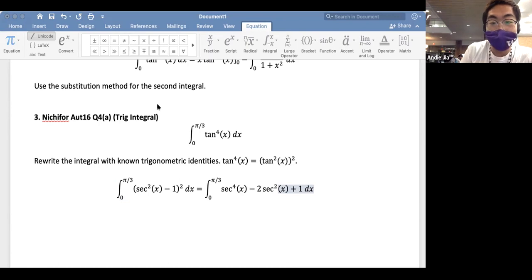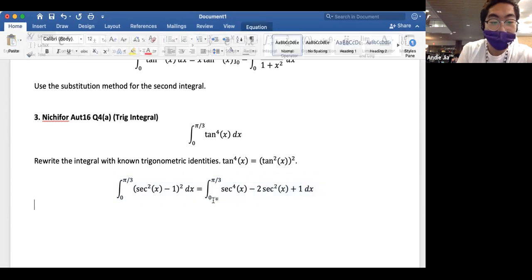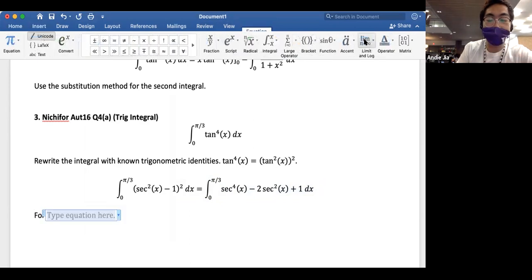Let me look at the part on this, the secant to the 4th. For this one, rewrite it again. Secant squared is 1 plus tangent squared.